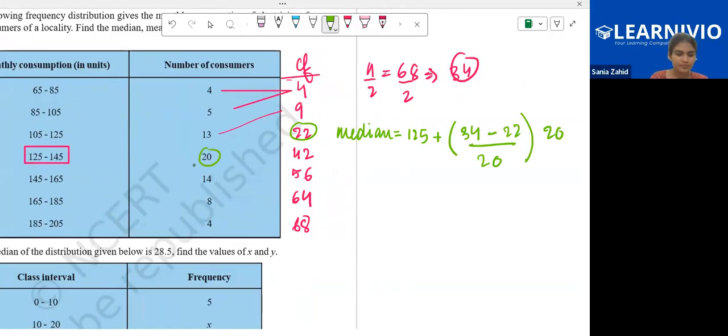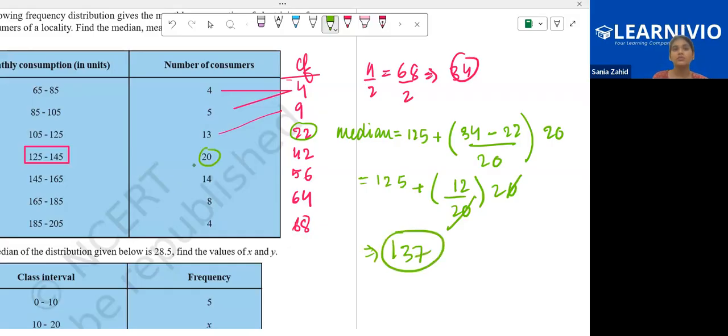You get this? You can just solve it further. 125 plus 12 by 20 into 20. You get 1 here. 125 plus 12, 137 you get. So 137 is the median value.